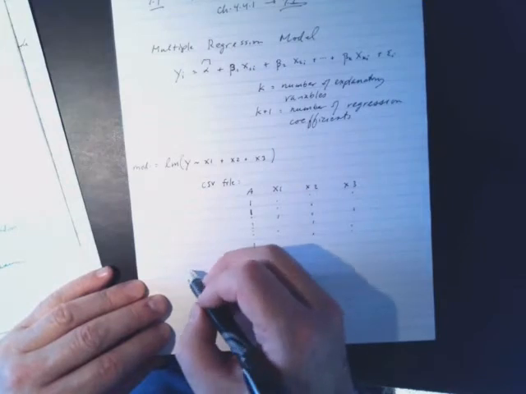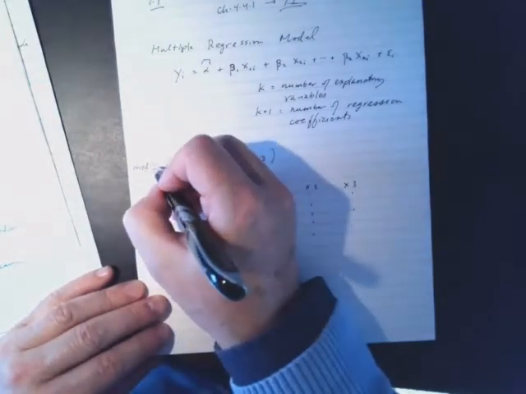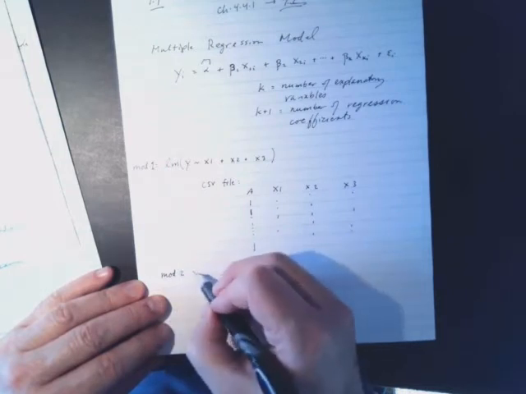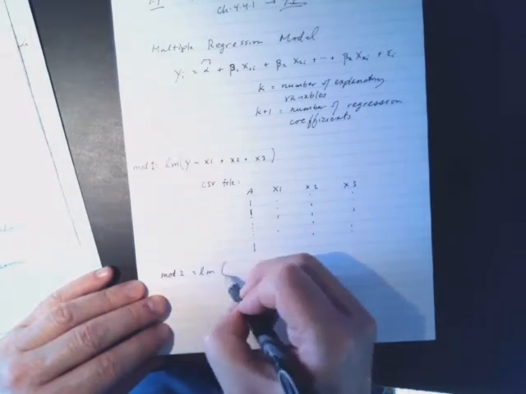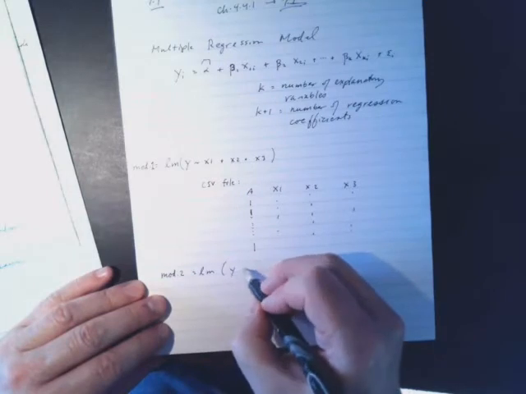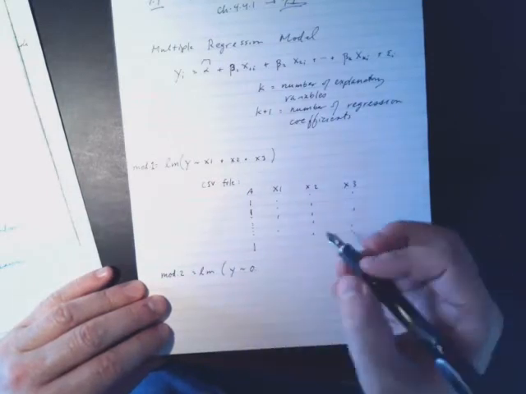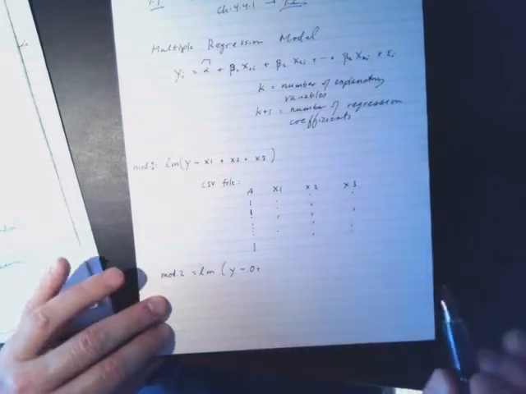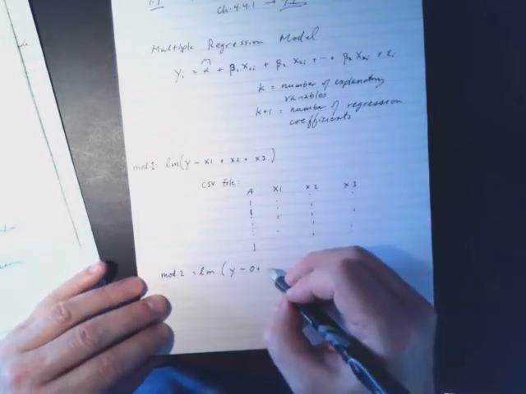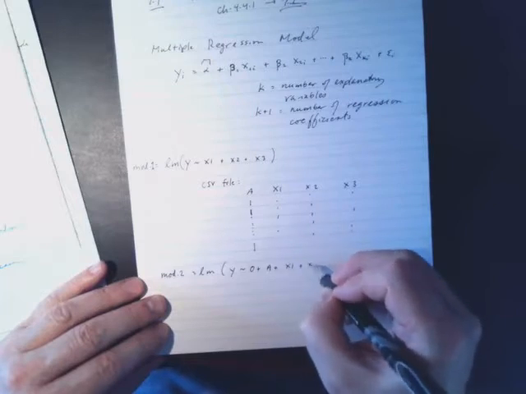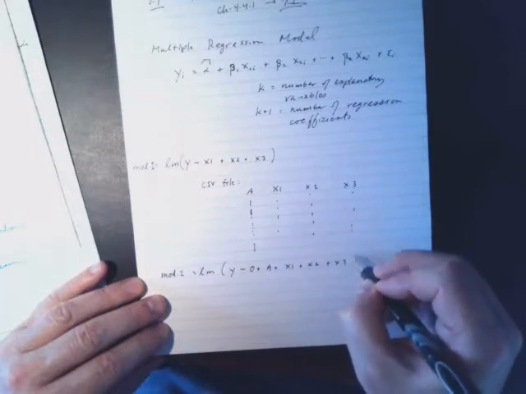If we call that model 1, and call this one model 2, and we did this, now we're going to suppress the constant. So you do that in R by using 0 plus, and that says don't put a constant in. And then you have A plus x1 plus x2 plus x3.